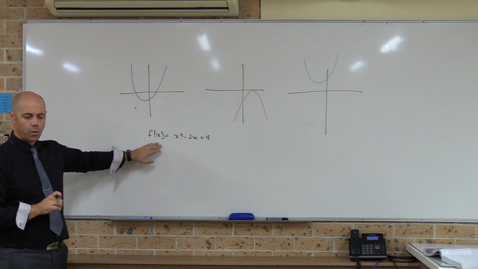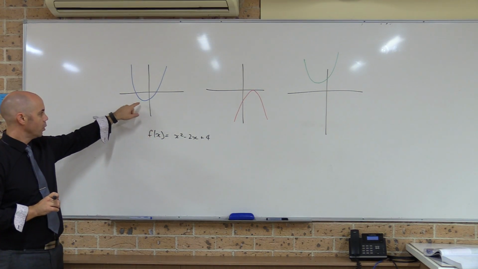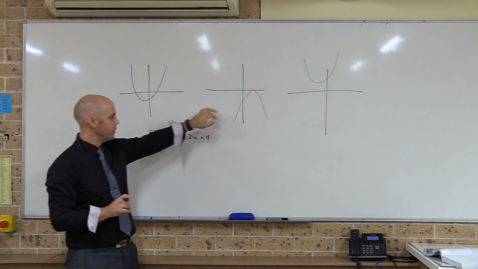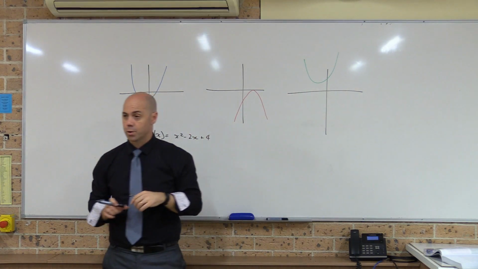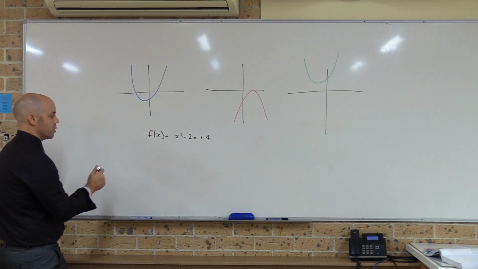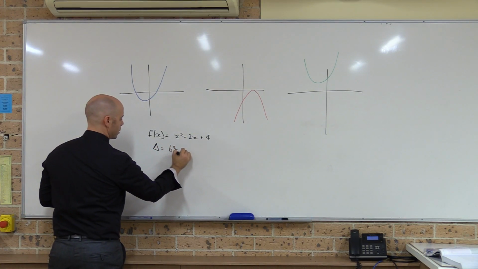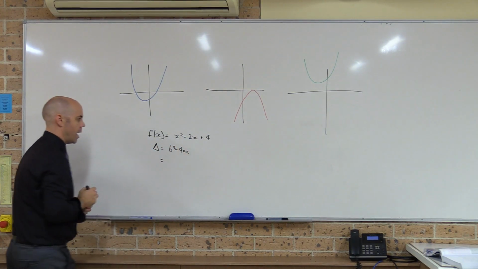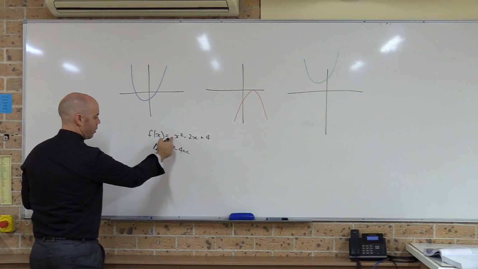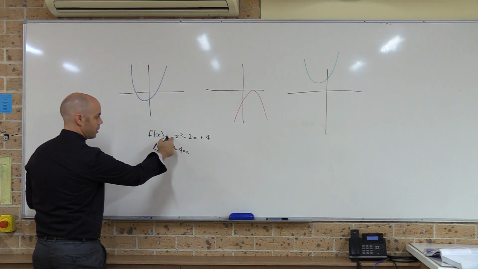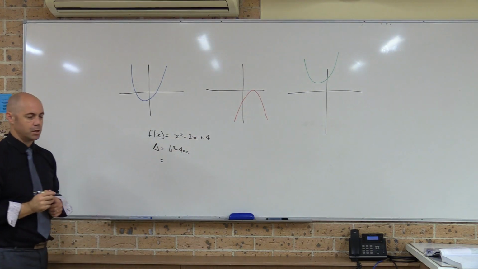Does the parabola that is drawn from this function look like this blue one, this one with one root, or this one over here, the green one with no roots? Which one? So we use the discriminant. The discriminant equals b squared minus 4ac. We take our a, b and c that we're used to: the x squared coefficient is the a, the x coefficient is the b, and the constant term is the c on the end.